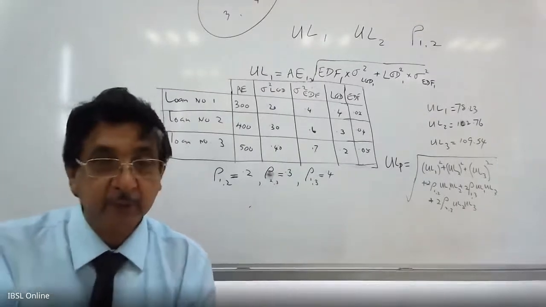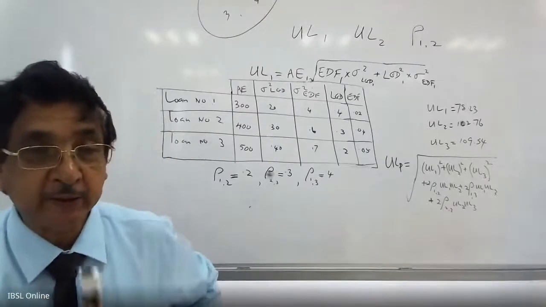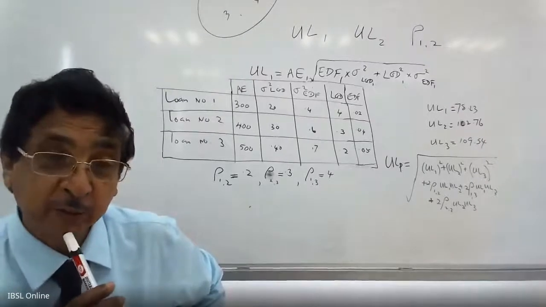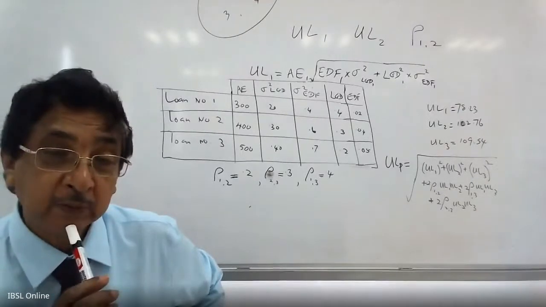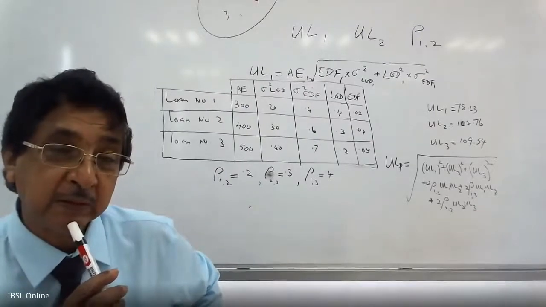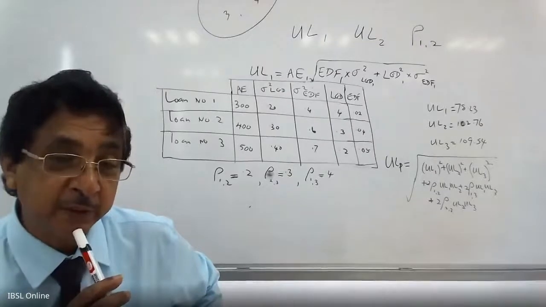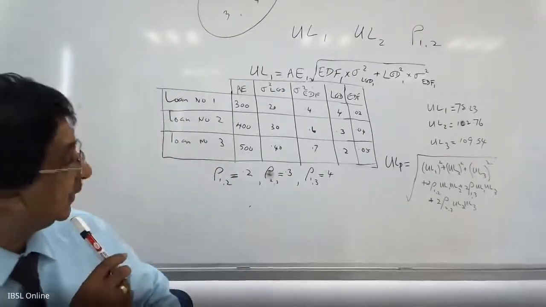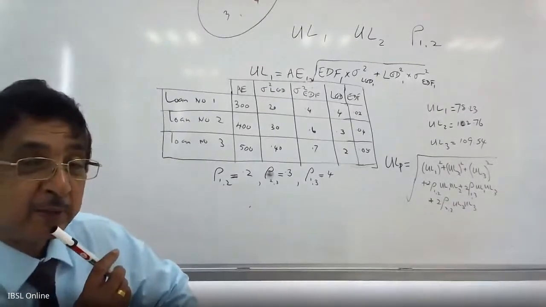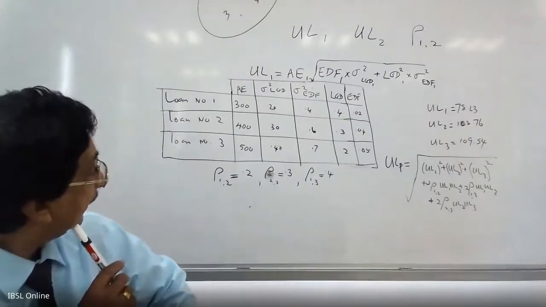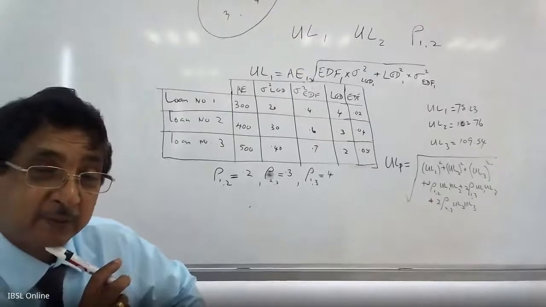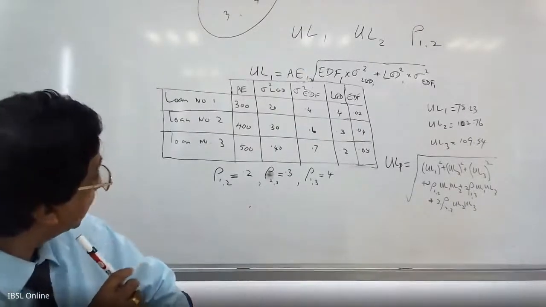I think even though the things are not very clear, you can see it's a schedule. I just gave loan number 1, loan number 2, loan number 3 as the rows of the schedule, and the columns are given as AE, sigma squared LGD, sigma squared EDF, LGD and EDF. So then I have given the values.